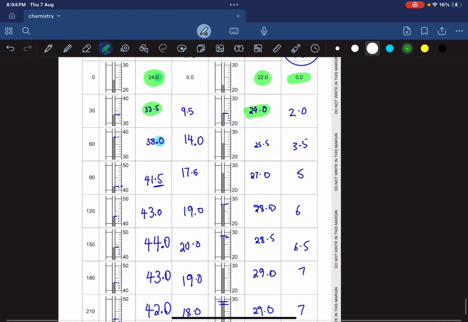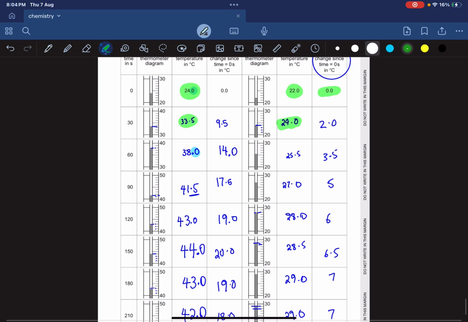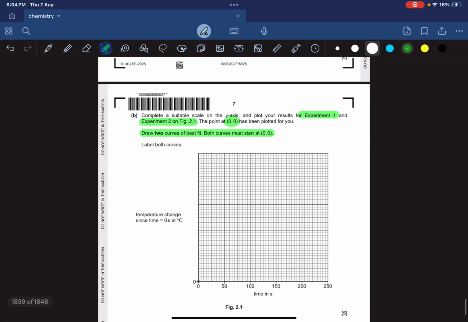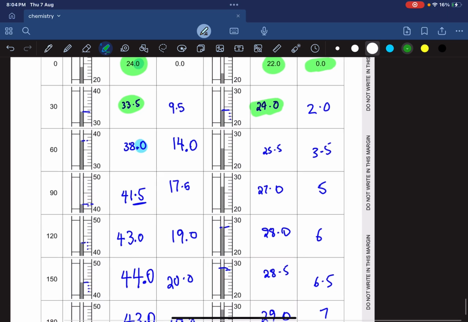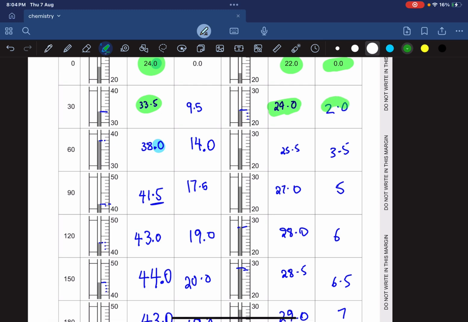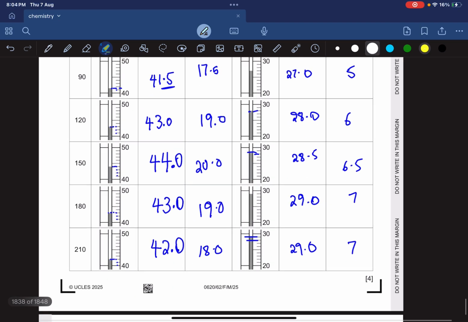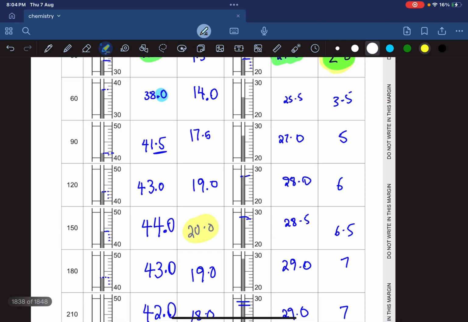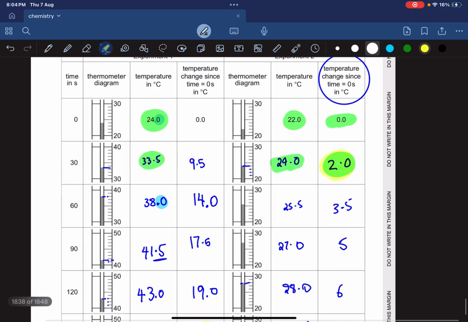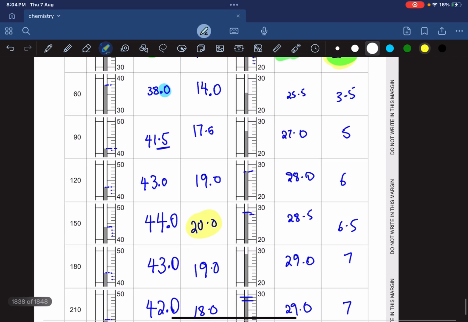So we have to plot the temperature change since time 0, and the lowest value that we have is 2, and the highest value that we have is 20. So from 2 to 20 we have to plot a graph for temperature change.